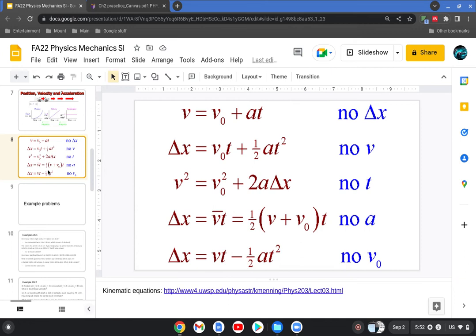So then you can find the average acceleration. The average is delta v over delta t, and that's going to be 0 meters per second, because this is your ending point, minus 18 meters per second, which is your starting point.